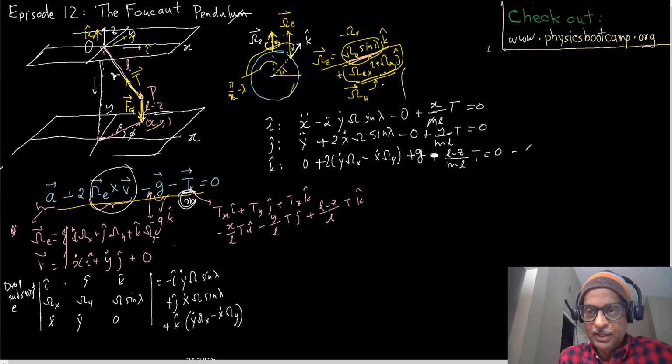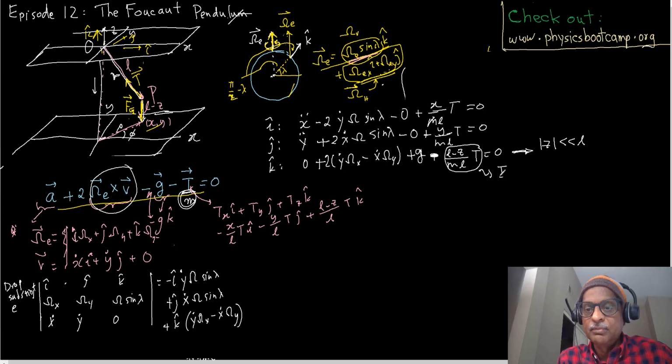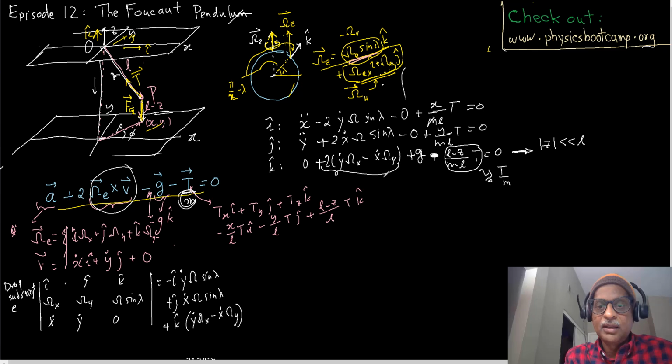Now from this I can further simplify. We can say z is much less than the length of the pendulum, so this just becomes T over m. And further we can say that this is much less than g.